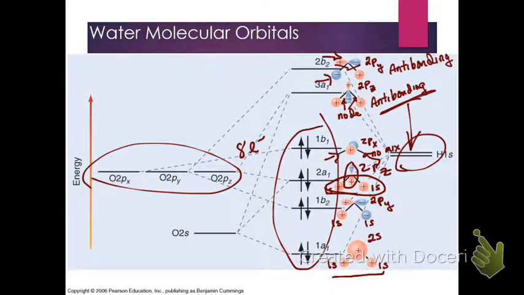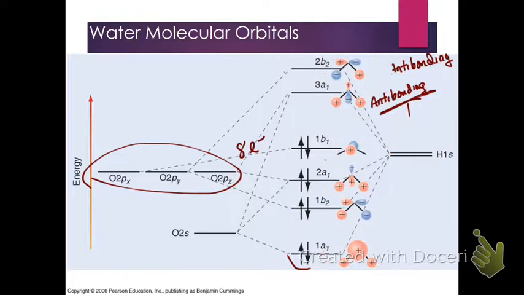Now, what we'll notice here is that what we have all together are 3 bonding orbitals, and here are our three bonding orbitals that are lower in energy, corresponding to the molecular orbitals.